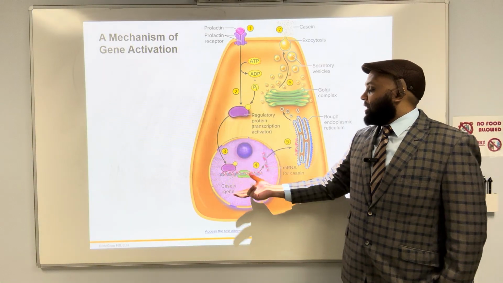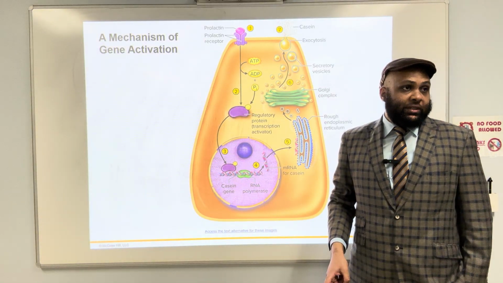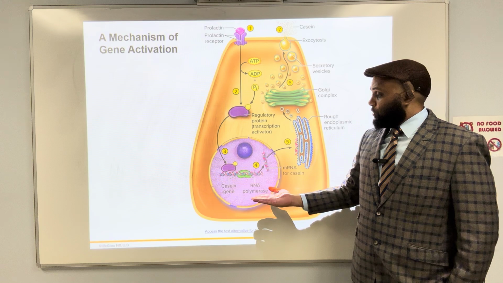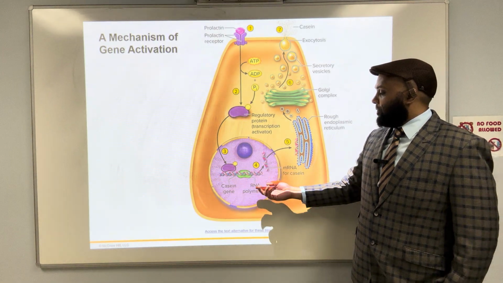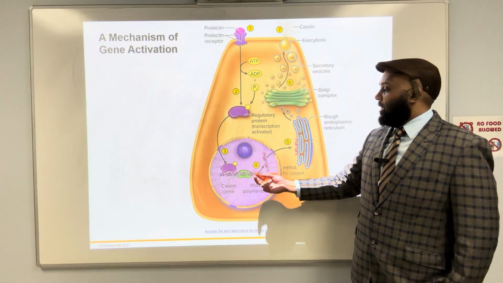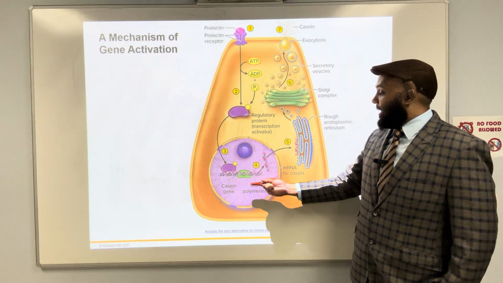That transcription factor activator is going to go inside the cell to the DNA, and the casein gene is going to be activated, and then RNA polymerase is going to transcribe the casein gene.